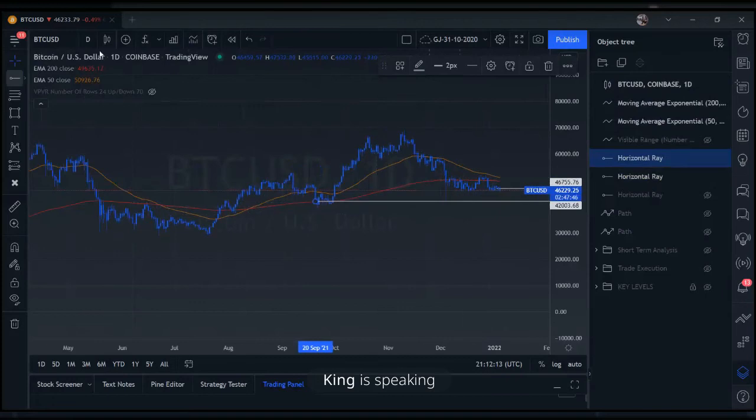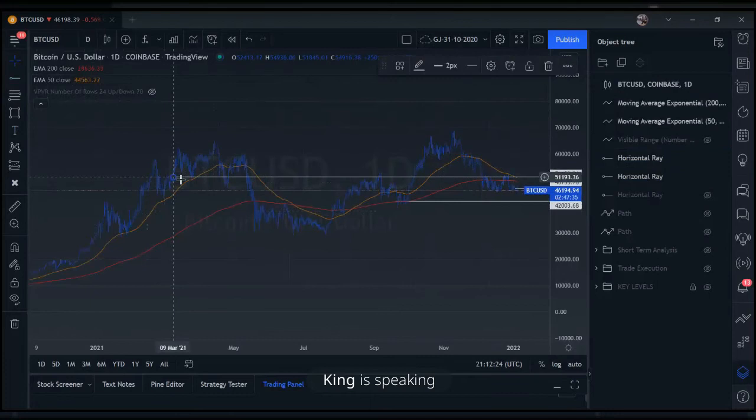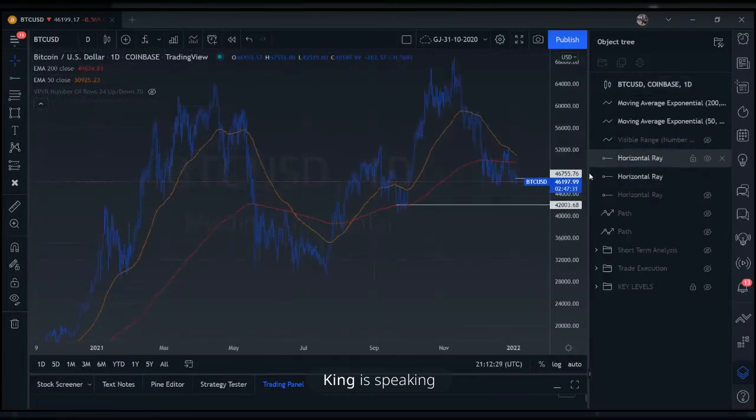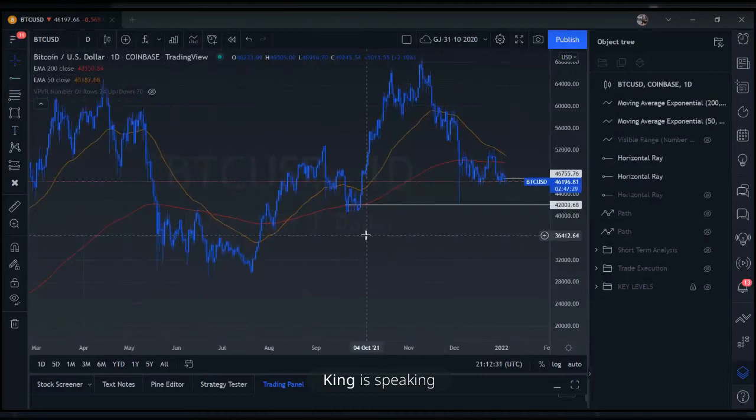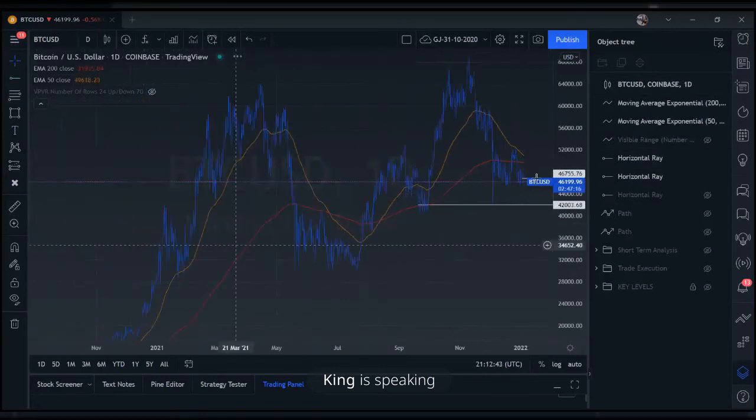So yeah, explaining the EMAs: they're basically dynamic support and resistance. They move with price instead of being static price levels like support and resistance is. So you can use these to place your buys, find ranges within prices, find support levels, resistance levels, and sort of gauge trends as well.